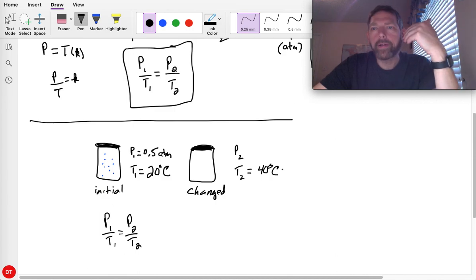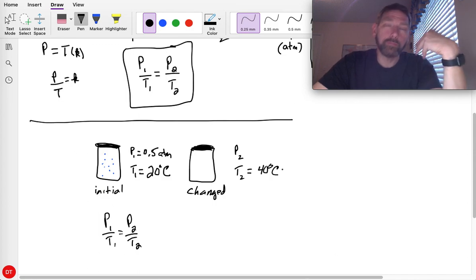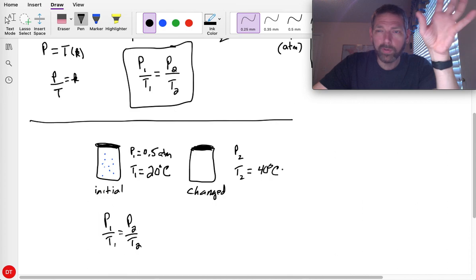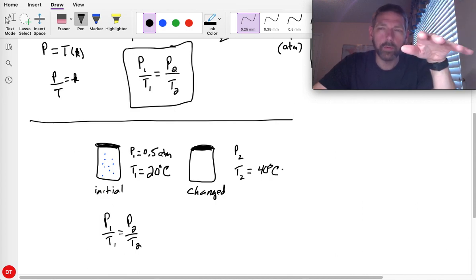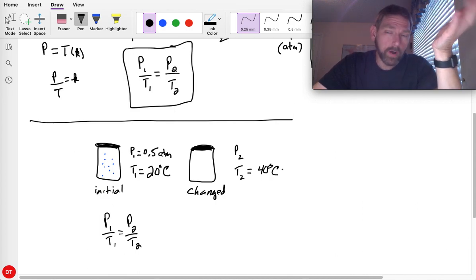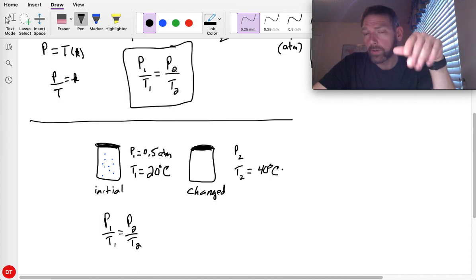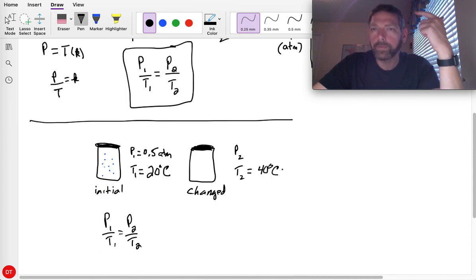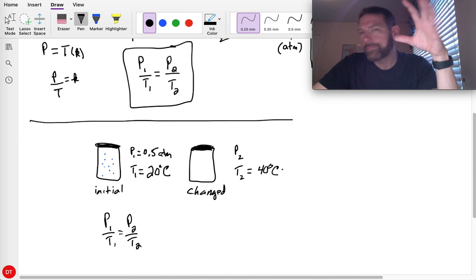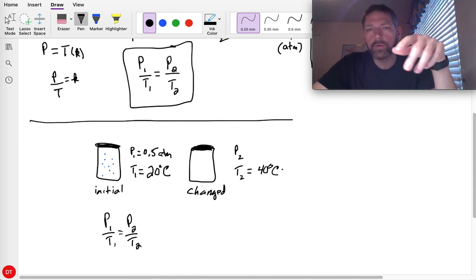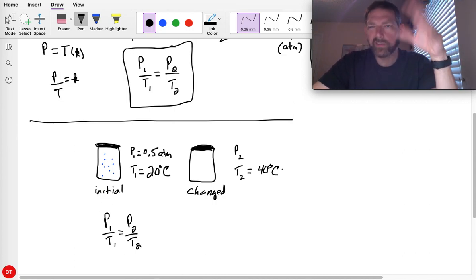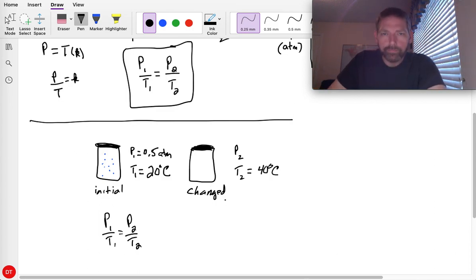But remember, 37 degrees Celsius is the average human body temperature, right? So around 98.6, and most people's body temperatures tend to be a little less than that. But 98.6 Fahrenheit is equivalent to 37 degrees Celsius. So 40 degrees Celsius gives you an idea of around how hot it is. In Fahrenheit, it's a little above 100 degrees. So it gives you kind of an idea of what's happening here.